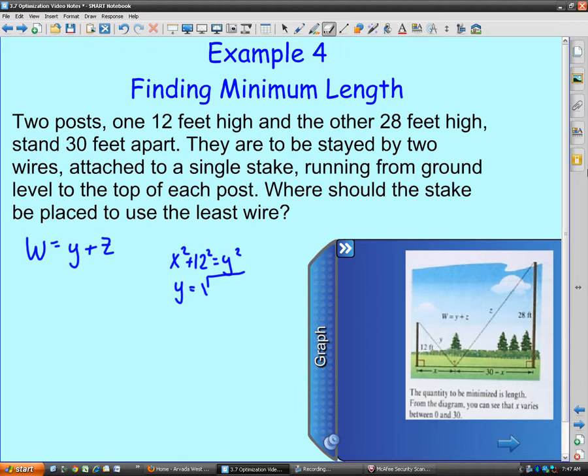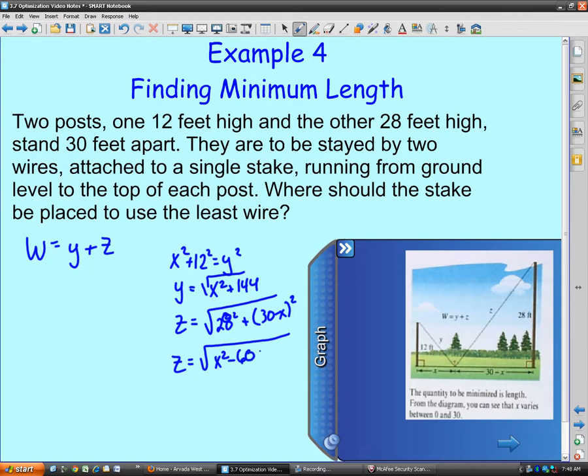All right, and then our z value is going to be a little trickier, but it's going to be 28 squared plus 30 minus x squared. So now that we have all of these in terms, we can multiply this out, and I'll let you multiply it out, z comes out to be the square root of x squared minus 60x plus 1684.